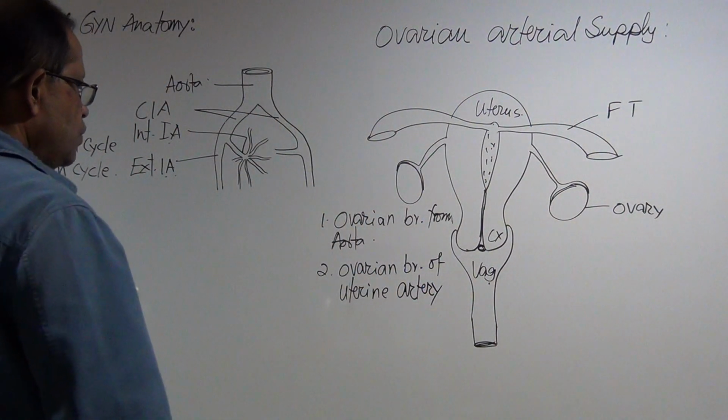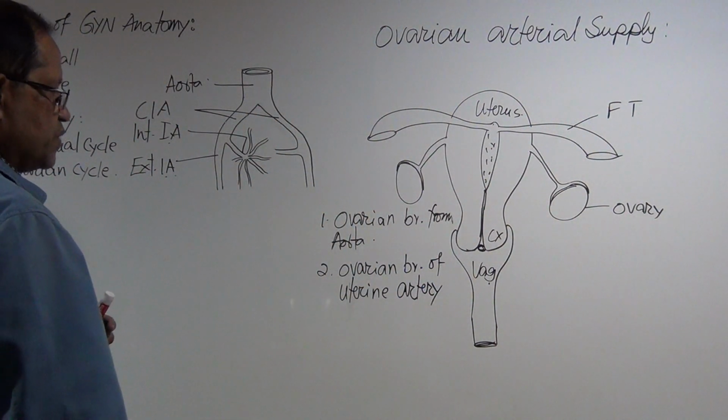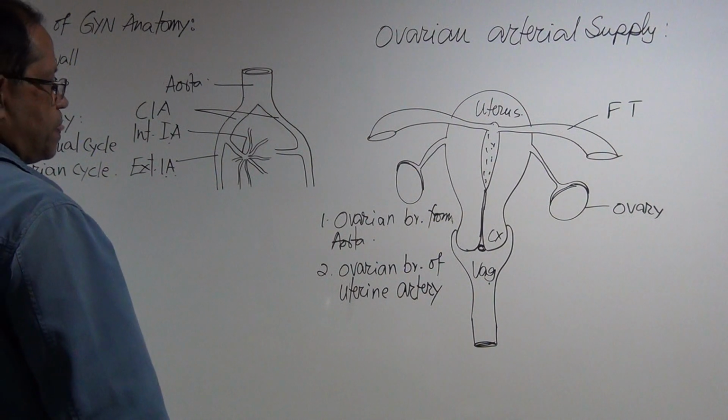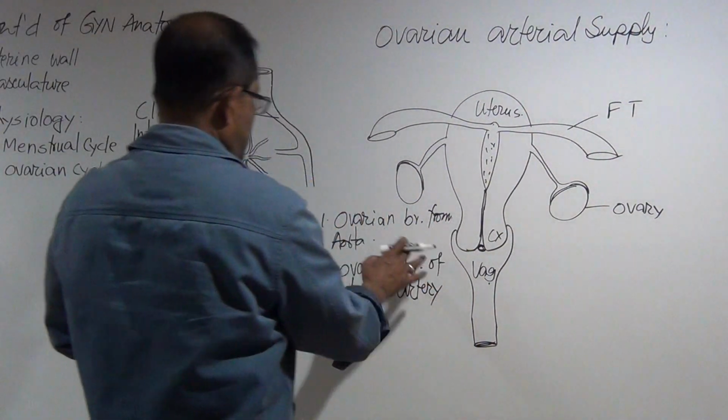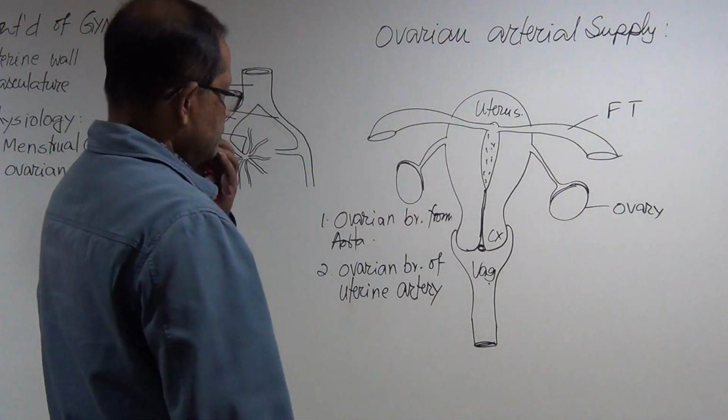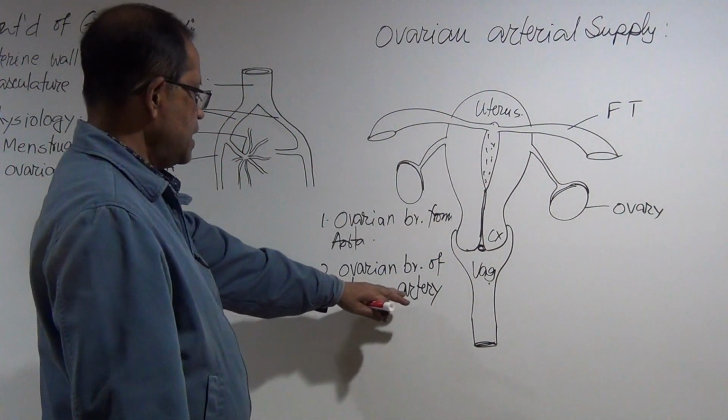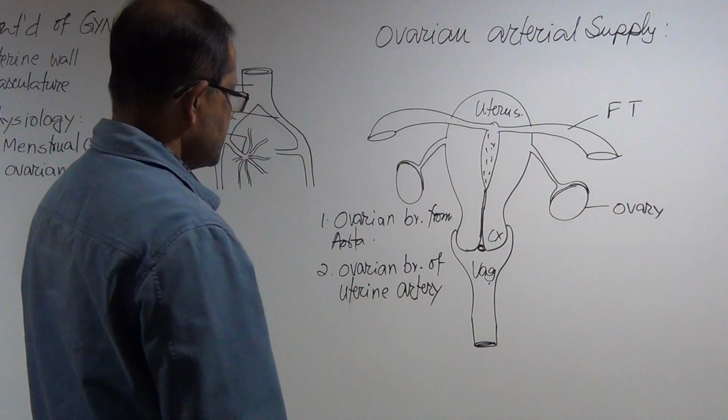So the ovary also gets blood supply from the uterine artery: a direct branch from the aorta and a branch from the uterine artery.